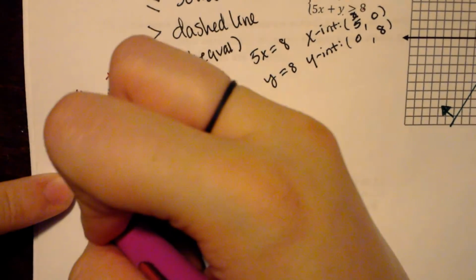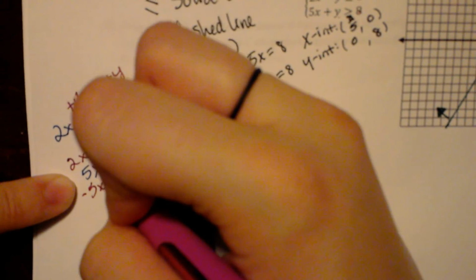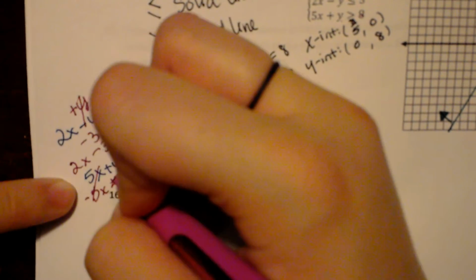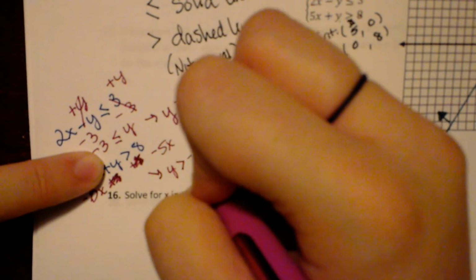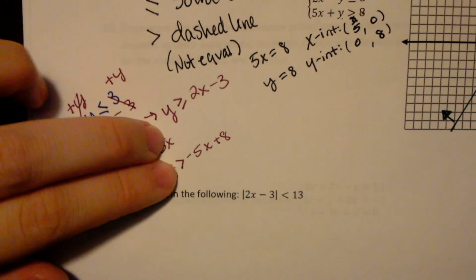The second one, I'm going to subtract 5x and add 8. Oh my gosh, no, I'm not going to add 8. So I get y is greater than negative 5x plus 8. So I'll put those into y equals.